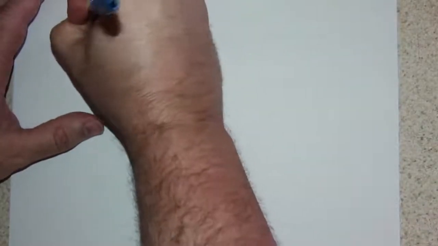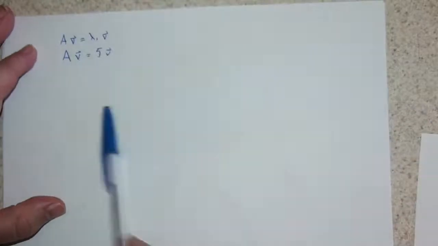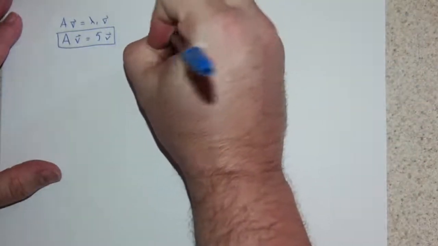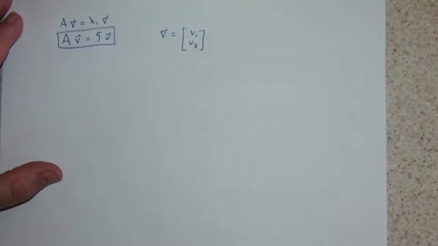Okay, so I look at the equation Av is equal to 5 times v. This is the equation that arises for this first eigenvalue, lambda 1. So really this is the equation Av is equal to lambda 1 v, but lambda 1 is 5, so this is Av is equal to 5v. Well, v is a vector that has components, we'll call them v1 and v2.